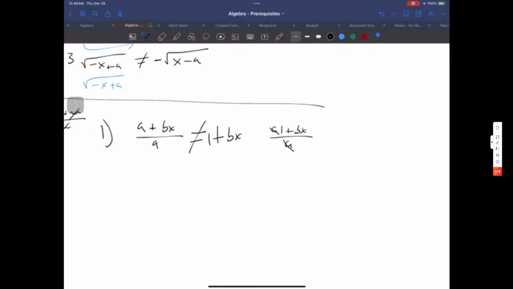Either this theoretical person that got it wrong canceled this a out to a 1, or they canceled it and just got rid of it. I'm going to do a little dunk, like it disappeared.